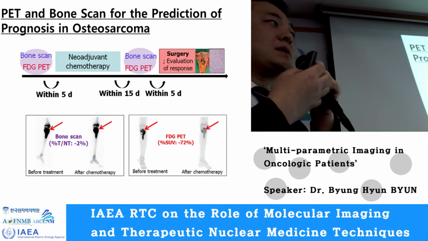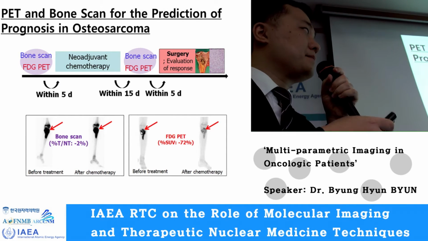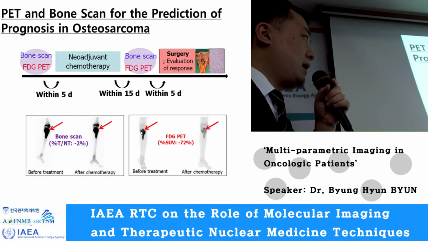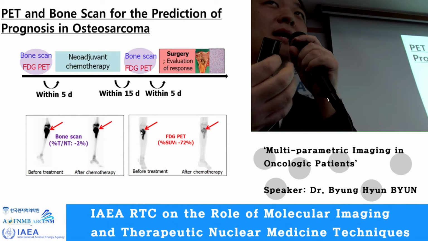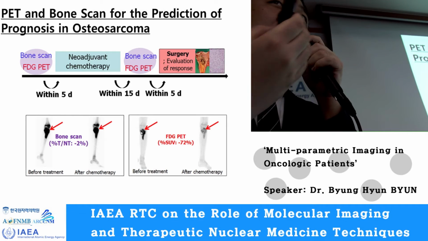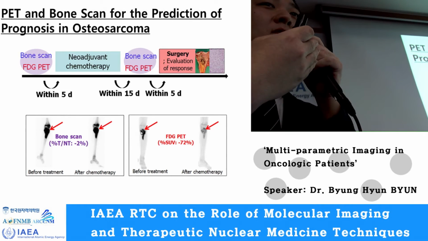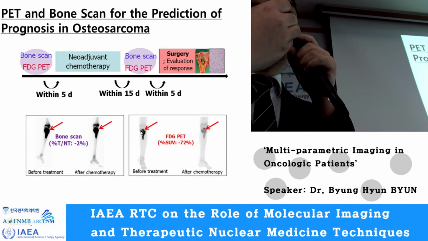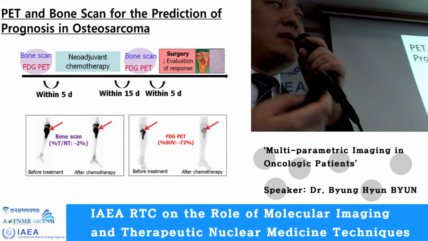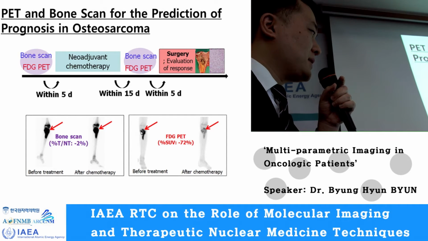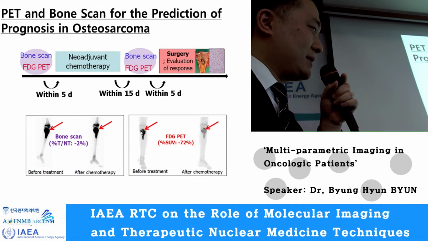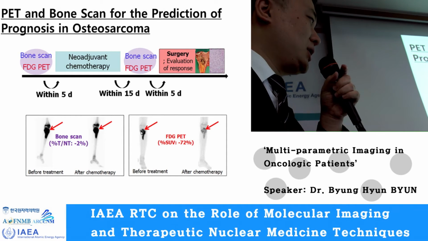So bone scan shows a high uptake in osteosarcoma. But after chemotherapy, the tumor cells will die. Then the amount of osteoid matrix will decrease, and also the activity on the bone scan will decrease, although in this patient it was not so much.